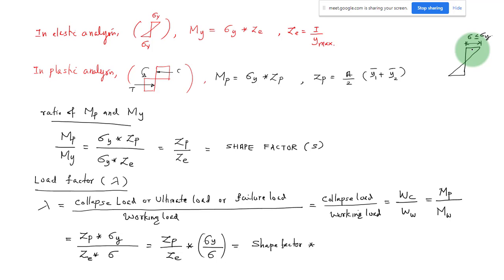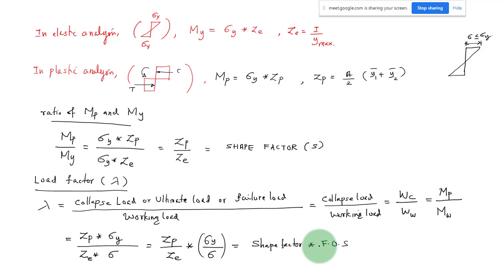But we have to take some factor of safety, so that is why we will not go up to sigma Y. If I take a factor of safety of 2, my permissible stress will be sigma Y by 2. This term is nothing but your factor of safety in elastic design. Many times objective questions have been asked based on this formula only.